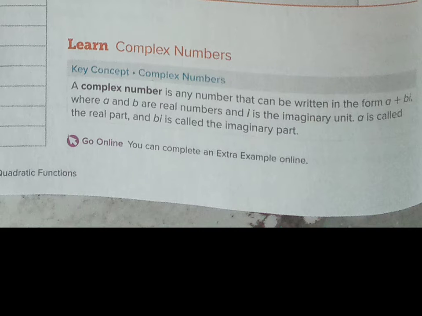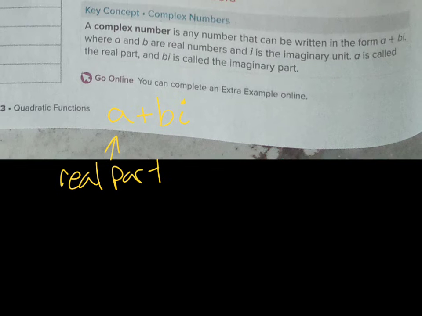We got a couple pages of definitions here. Complex numbers. It's written over there, but I like to write it out again. A plus bi. That's a complex number where a is the real part. And when I say real part, what I'm saying is that a is going to be a real number.